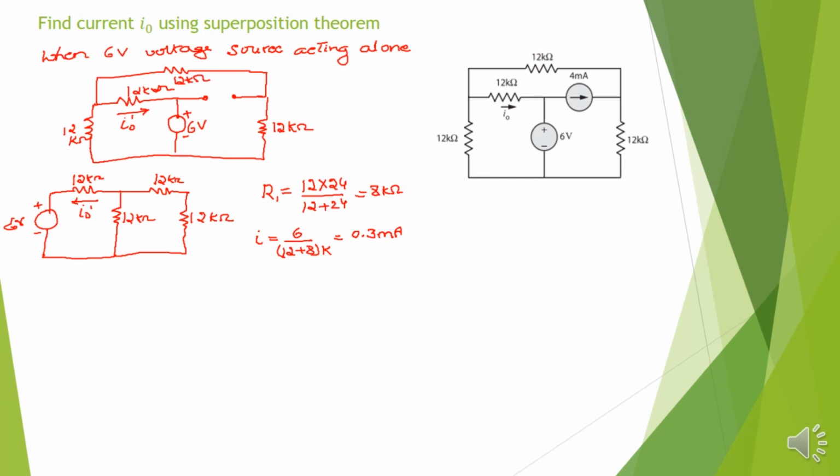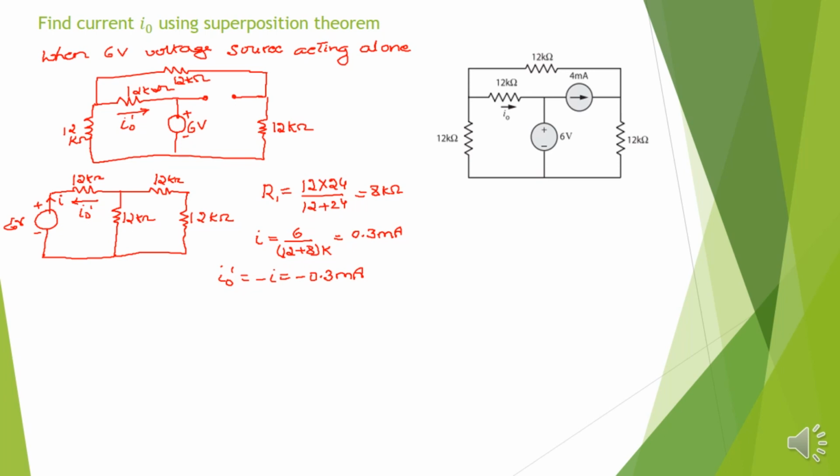But this I naught dash and this source current I, what is the direction? Reverse direction. So I naught dash is equal to minus I, equal to minus 0.3 milliamps.